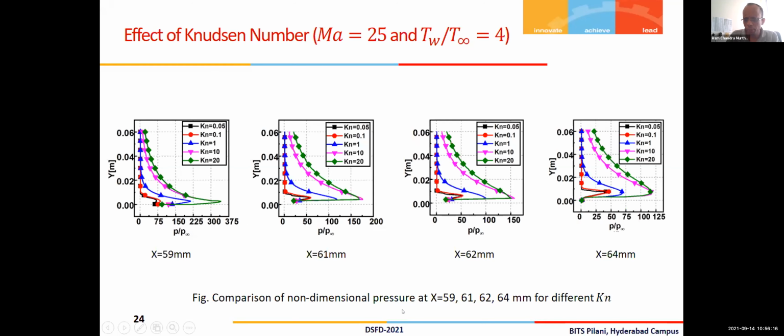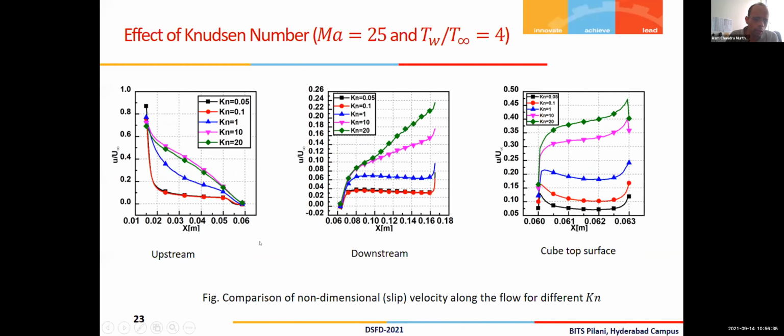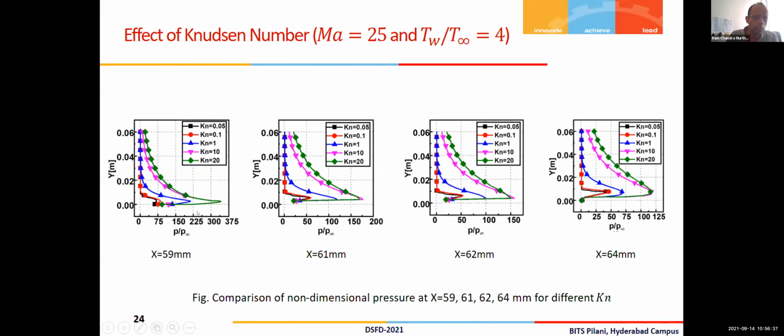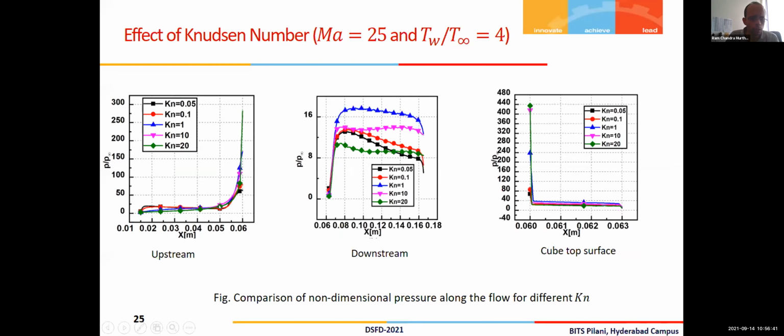And this is the non-dimensional pressure again at different x locations with respect to y coordinate. And we see again that initially the peak right before the cube, the pressure peaks to a very high value, but the peak value comes down as we go downstream. Because again, on the upstream side, the stagnation point exists, therefore we have a high pressure.